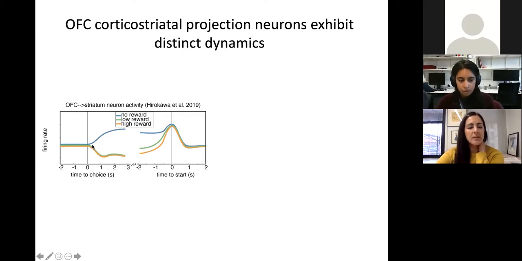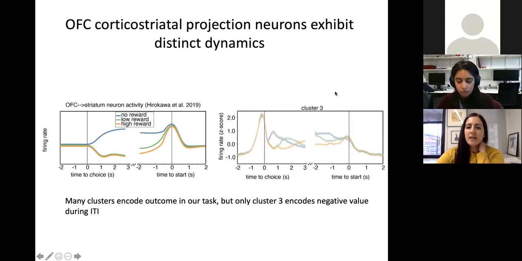So we plotted the average PSTH of our different clusters, breaking up the trials in a similar way. Interestingly, we found that cluster 3 was the only one that qualitatively looked like the OFC to striatum cluster. It was a different task, so what's going on here is a little bit different, but in general, we see negative value coding after the choice. Importantly, this was the only cluster that had persistent negative value coding until the next trial.